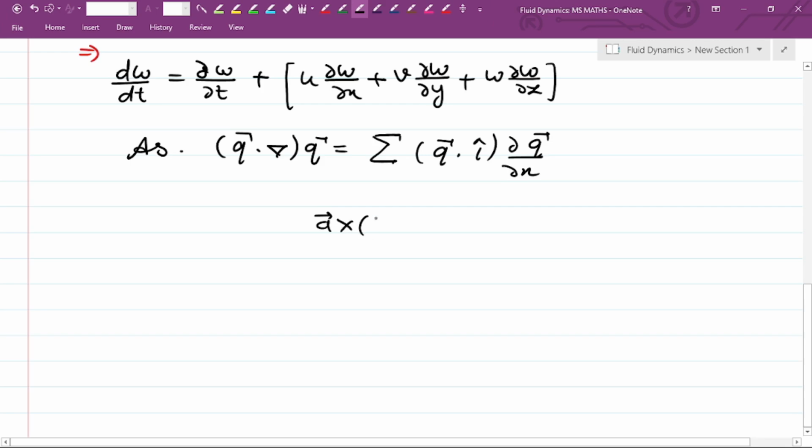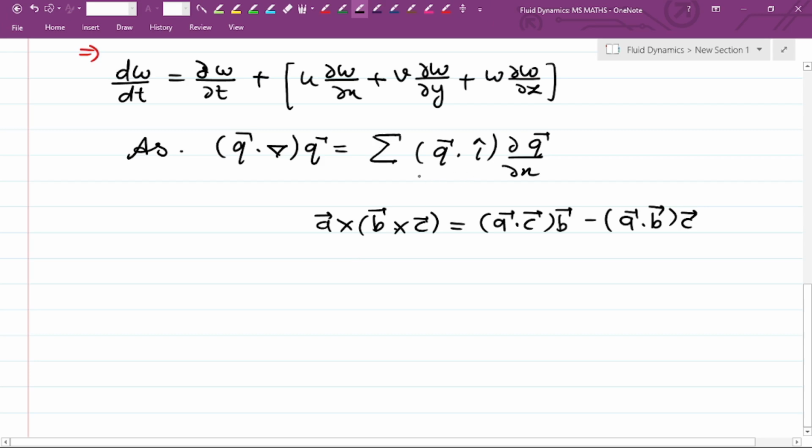A vector cross b vector cross c vector is basically a vector dot c vector into b vector minus a dot b into c. This is the vector triple cross product for three vectors.